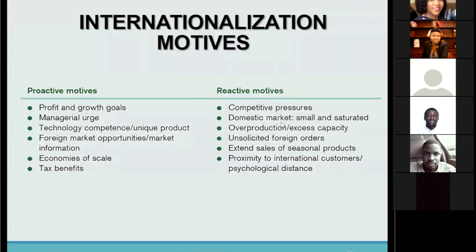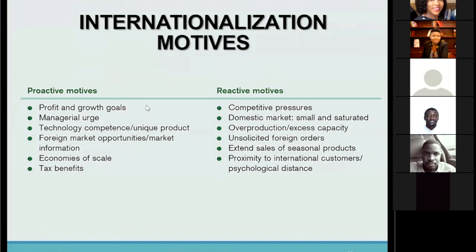And there are several examples of these. Examples of proactive motives include profit and growth goals. Like I said, a company may spot a huge opportunity in a market where they can target a certain customer group and obtain huge profit opportunities and grow. And because of that, they would go ahead and internationalize because of that opportunity that they have identified. It could also be internationalization as a result of a push from top management.